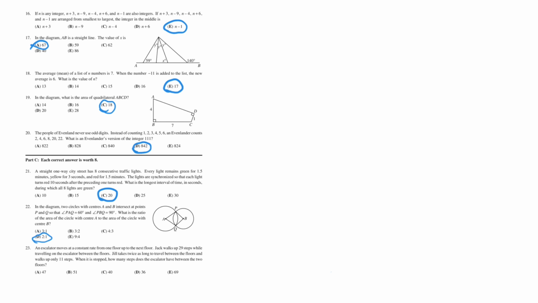So the problem asks how many steps are between the two floors. An escalator is an automatic moving staircase like this one. We don't know how many steps continue on to the next floor, the second floor.